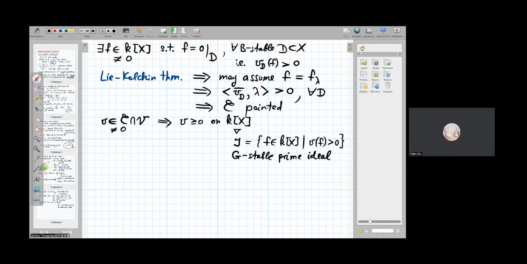There are finitely many G orbits in X, and their closures are all irreducible G-stable subvarieties. So this ideal I is the vanishing ideal of some orbit.